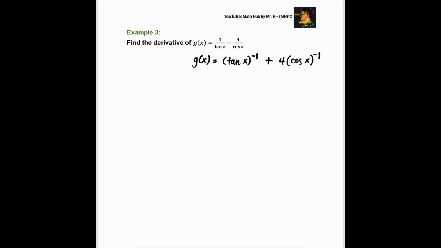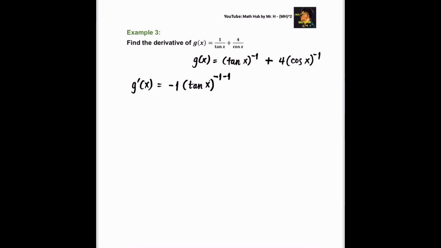After rewriting, we can proceed with differentiating the function. So g prime of x, differentiating each term. So tangent x to the power of -1: we'll have -1, take the base, tangent x, then subtract 1 from the exponent.